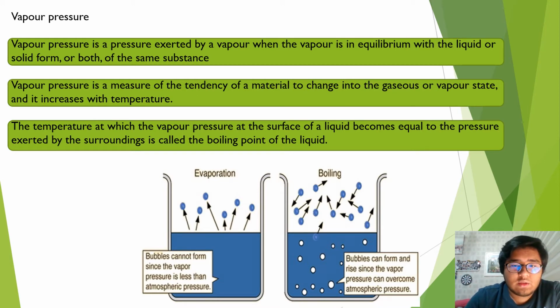So when we increase the temperature, the vapor pressure increases and some bubbles form in the liquid. Okay, I think that's all for the explanation of vapor pressure.